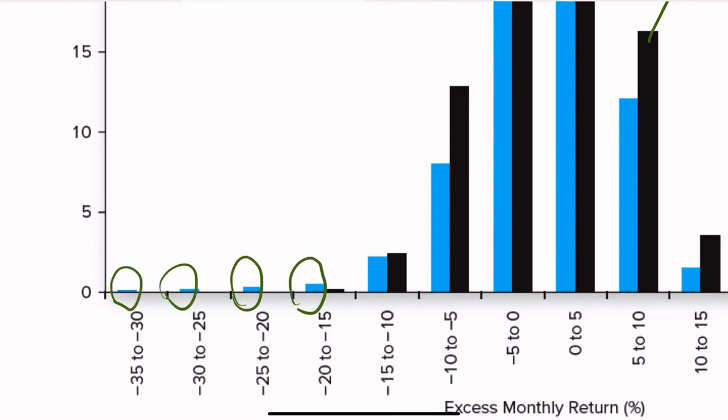This essentially means you have some positive probability of getting extreme negative returns.